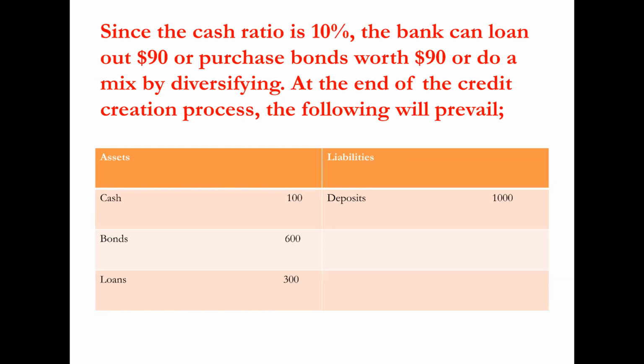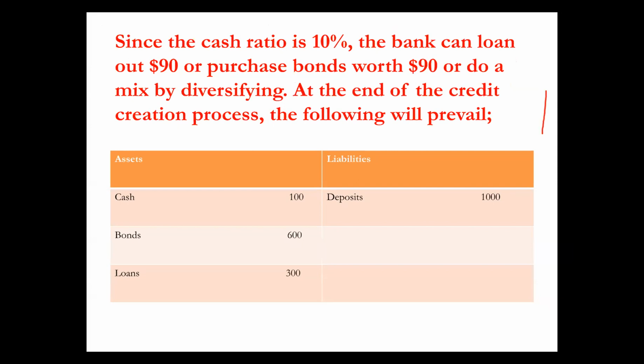At the end of the credit creation process, this is what is going to happen. Number one, you start with $100. As you started with $100, you had to multiply it by the cash ratio, which is 10%.